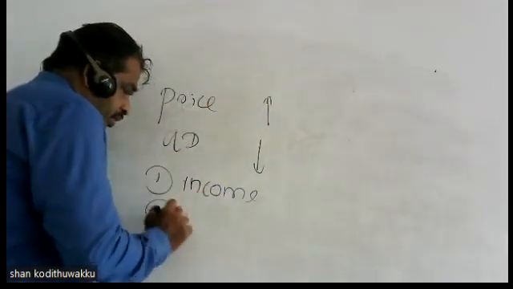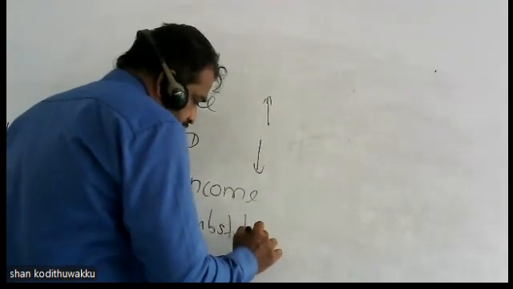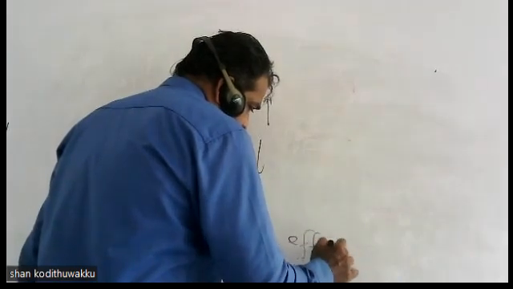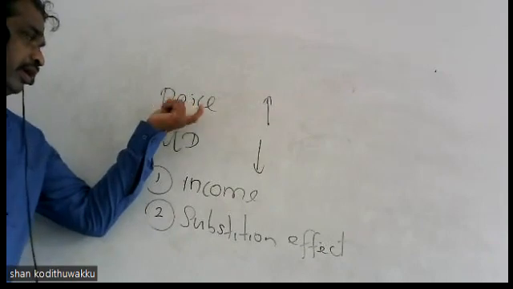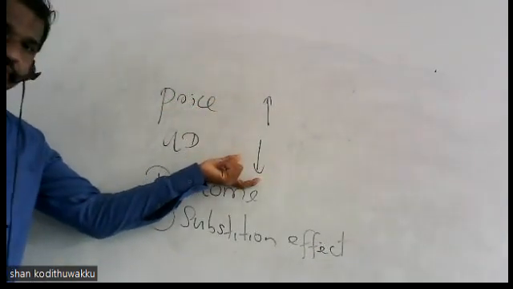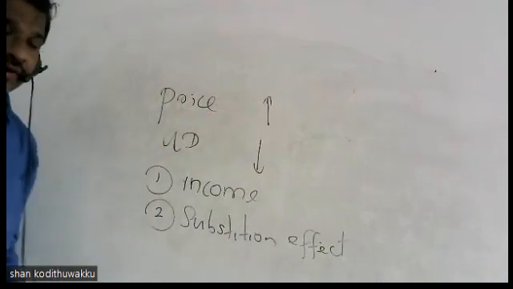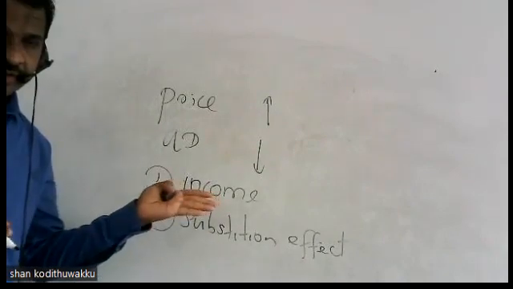Number two, substitution effect. If you have these effects, that means an increase in price will decrease quantity demanded, and a decrease in price will increase quantity demand. Income effect and substitution effect.